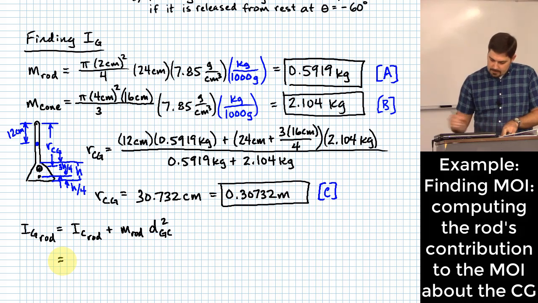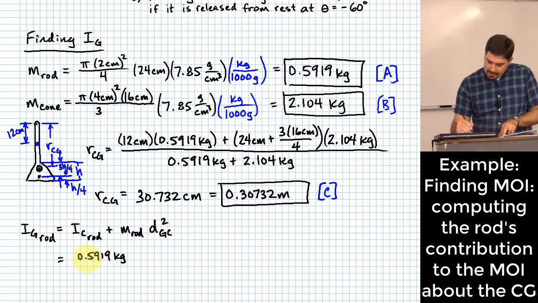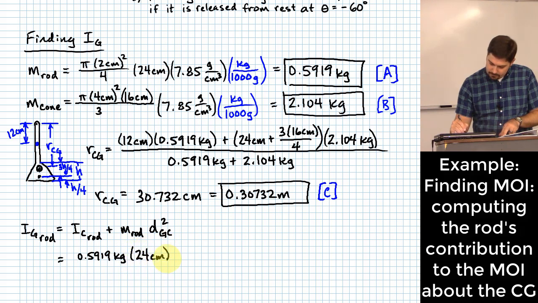Okay, so let me do that here. The mass of the rod is 0.5919 kilograms. Okay, the length of the rod is 24 centimeters. And that has to be squared.